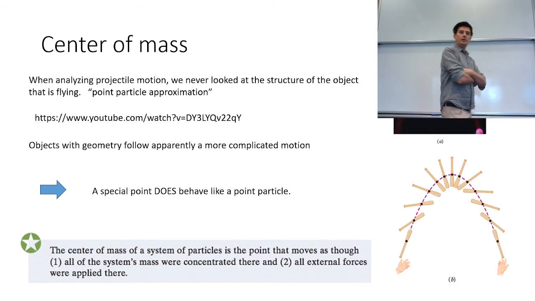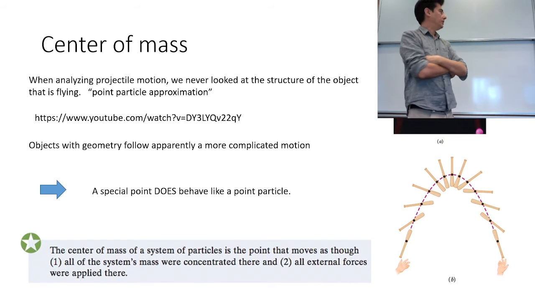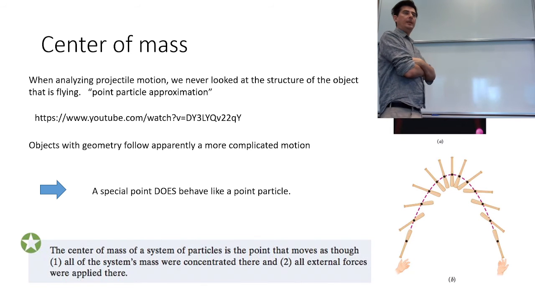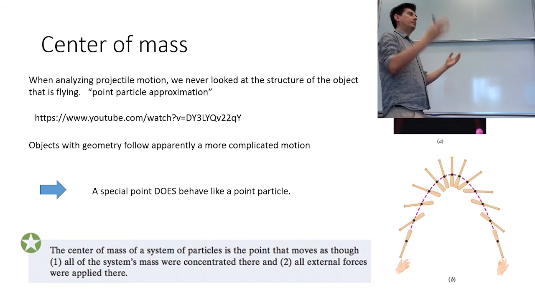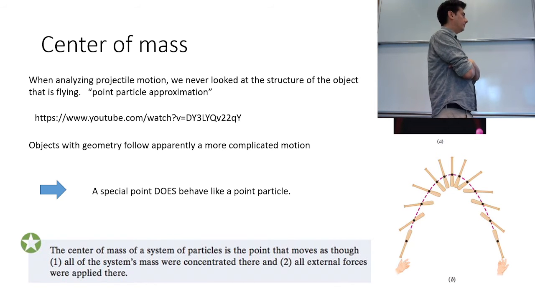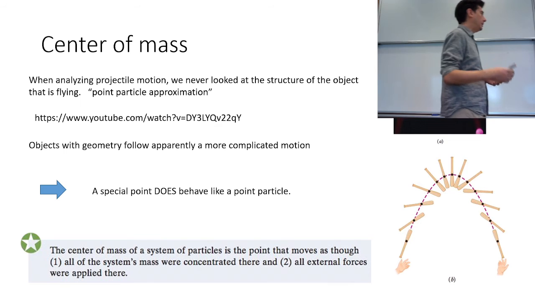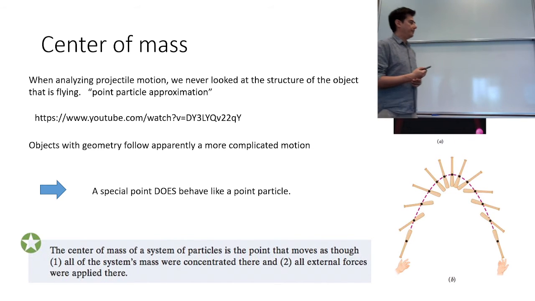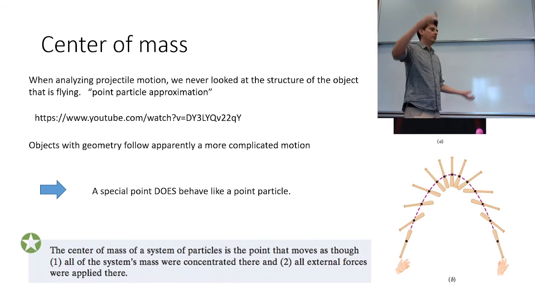So when we looked at projectile motion in the earlier chapters, we were always thinking of the thing as being just a point particle or a ball or something like that, and we never really talked about how the object might actually have some particular shape. Now, what if we're throwing something which is some weird-looking shape?